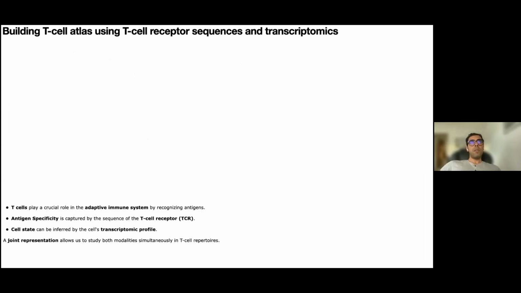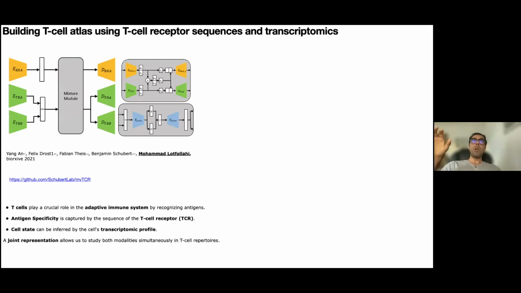Another method that we developed, this time specifically for integrating T cell receptor sequences and transcriptomics, was joint work with Benjamin Schubert and led by Felix and Yang, two PhD students at ICB, who led the whole project. Again, we used multimodal deep learning and multi-view learning, but since we had sequence data, we incorporated sequence-based models such as transformers.